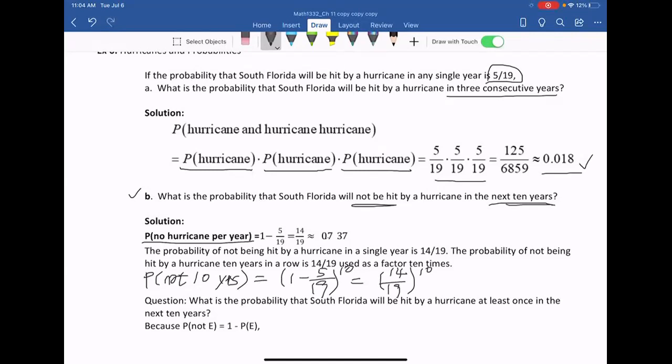I should use a calculator. It's about 0.047.